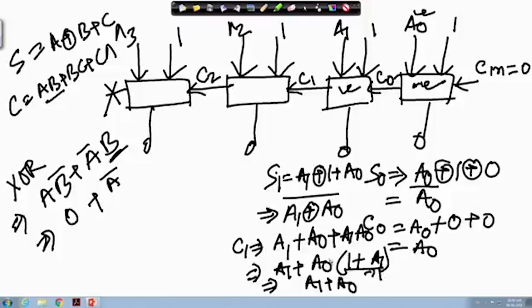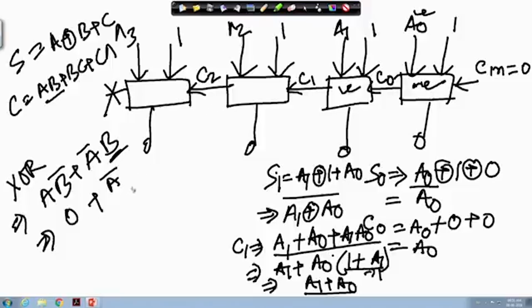Okay. So, that means A0 into 1 is A0. So, this expression I have simplified, if I minimize this particular expression, I will get A1 plus A0. Okay. So, that means carry 1 is now A1 plus A0.